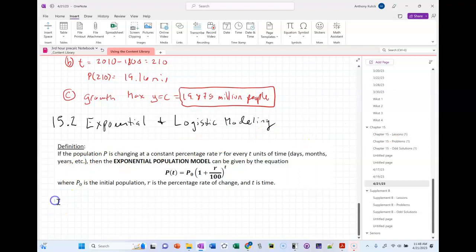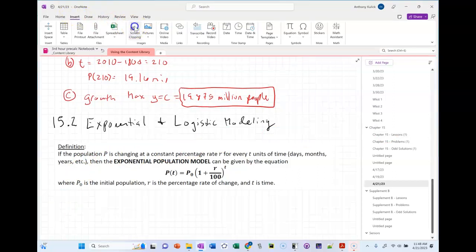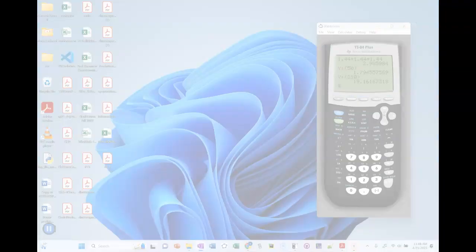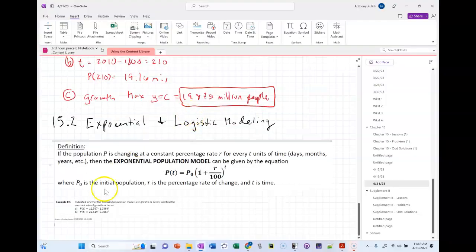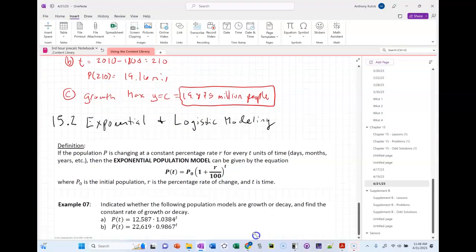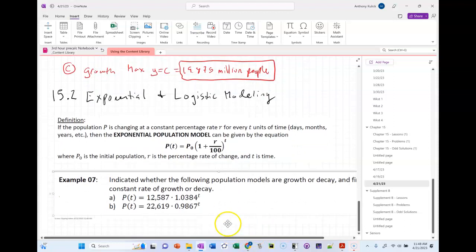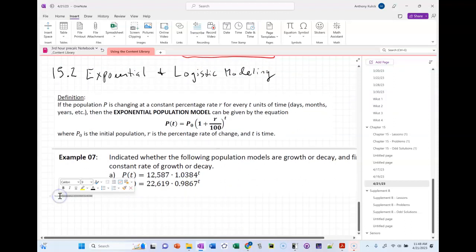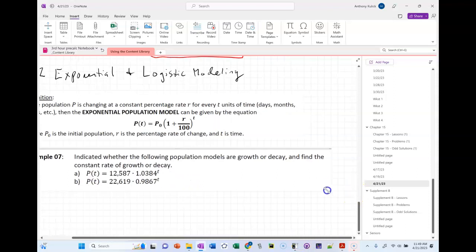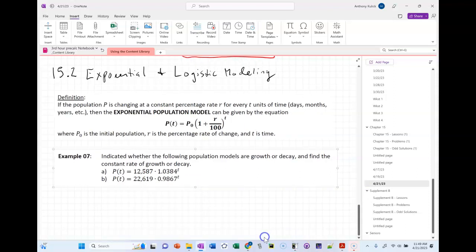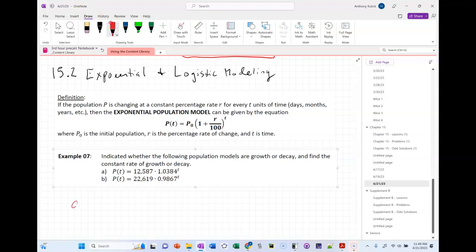So the same rules about growth and decay hold. So let's take a look at a couple of these. Oh boy, that was bigger than I wanted it to be, whatever. So let's take a look at these two population models. And we're first going to ask, are these growth or decay? So looking at part A, is that growth or decay, and how do we know?